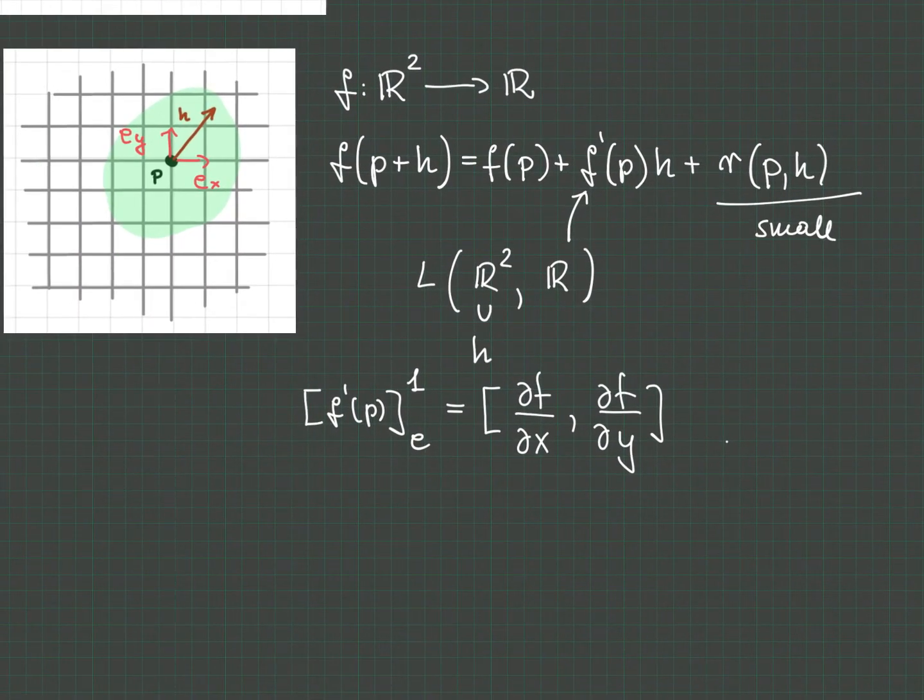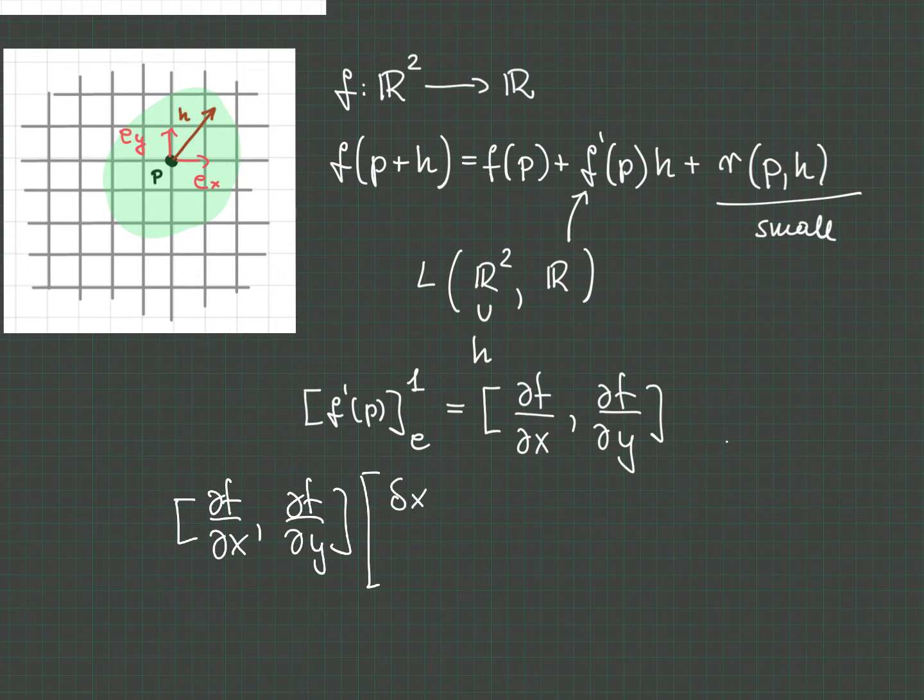So the derivative, being a linear map, acts on the displacement vector in the following way: df dx, df dy acts on h, which is also written in this basis, so it consists of the displacement in the direction of x and the displacement in the direction of y.